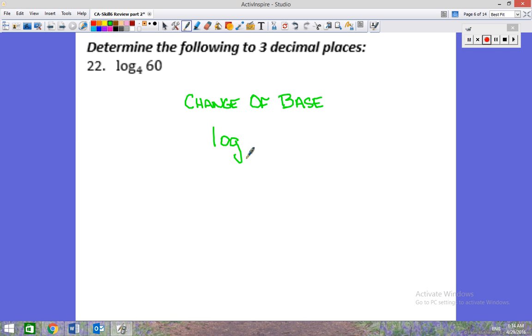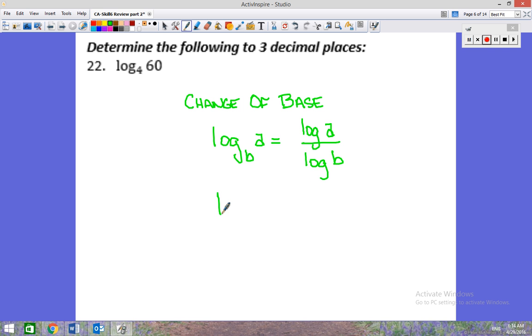Alright, this change of base formula, if you have log base b of a, you can key this in on your calculator even though your calculator doesn't have a base b button. You can key that in as the common log of a divided by the common log of that base b.